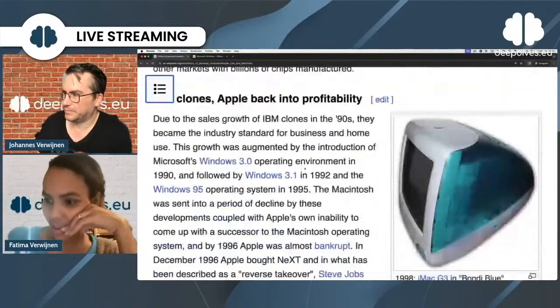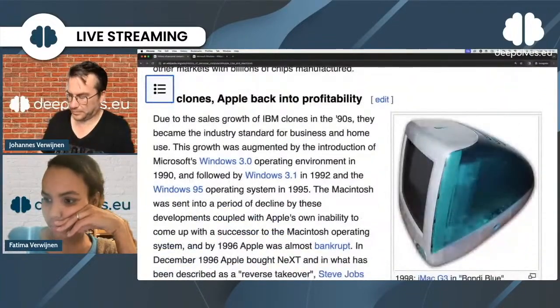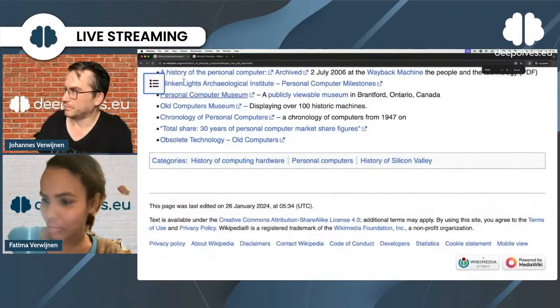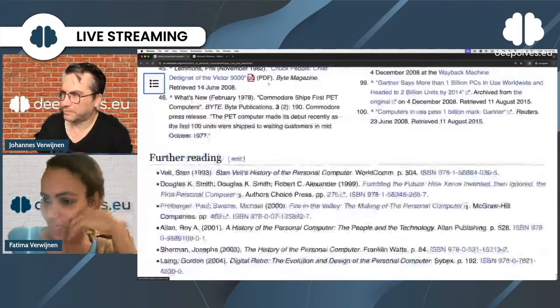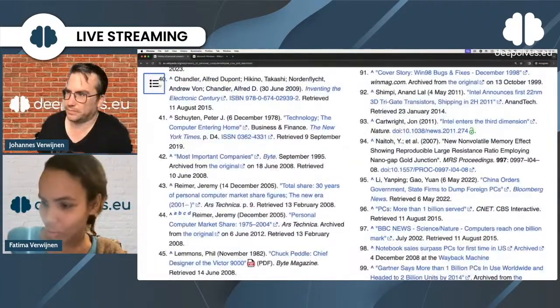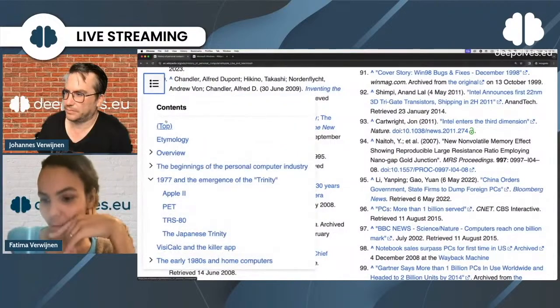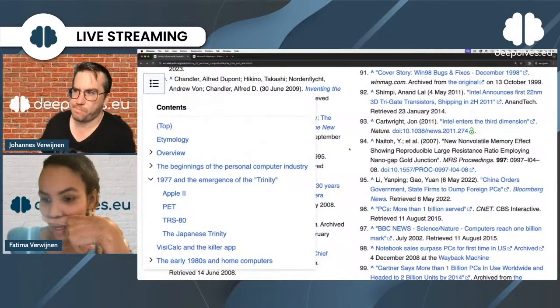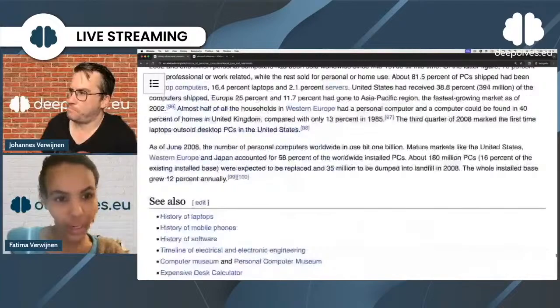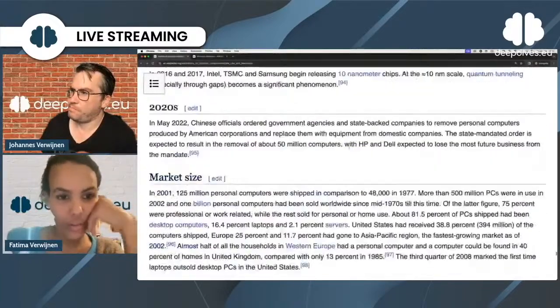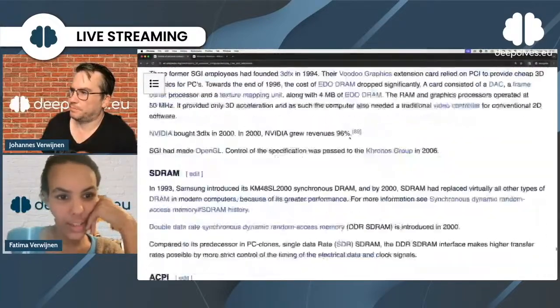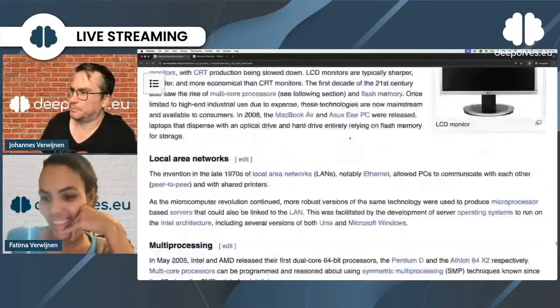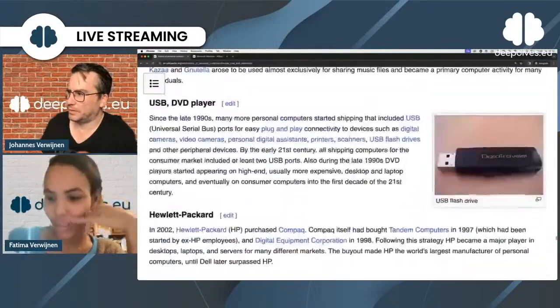A PC at that time cost $1,500, or in today's dollars $2,500. Yeah. So pretty huge difference to the computers we discussed in the last episode. And so again, the evolution is very rapid.